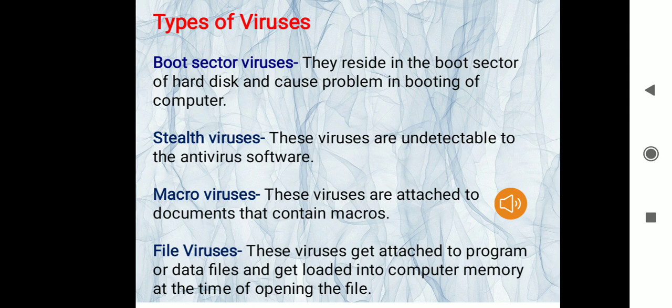Documents can be of any type, a Word document, a presentation document, or an Excel sheet document, and there can be many more. These macro programs are there to get attached to those documents. Now let's come to the term macro viruses. These are special viruses which get attached to documents that contain the program called macro.